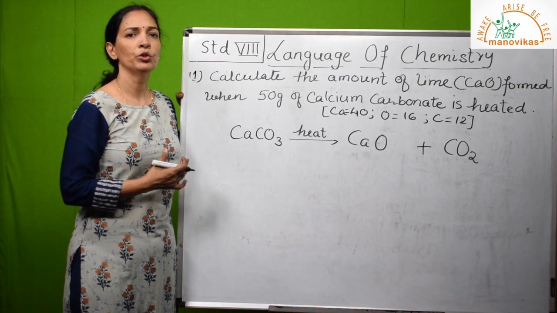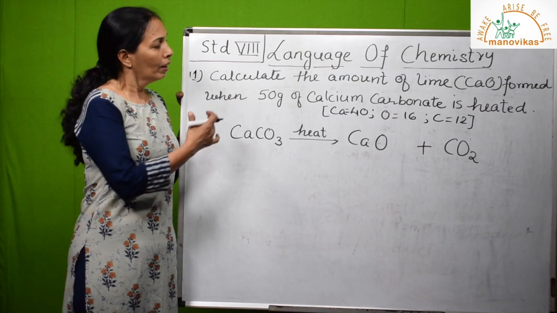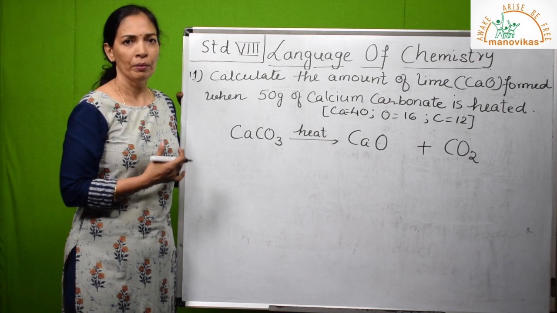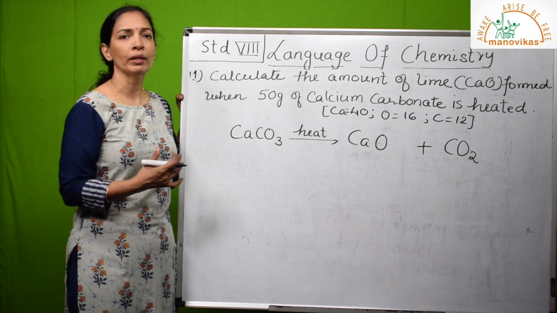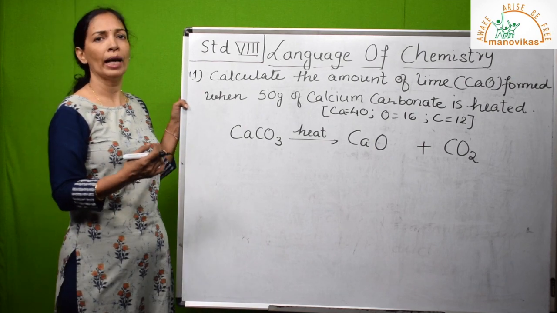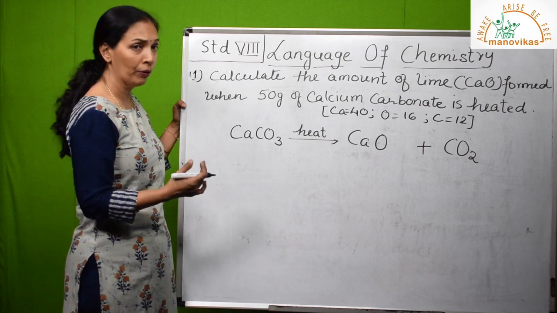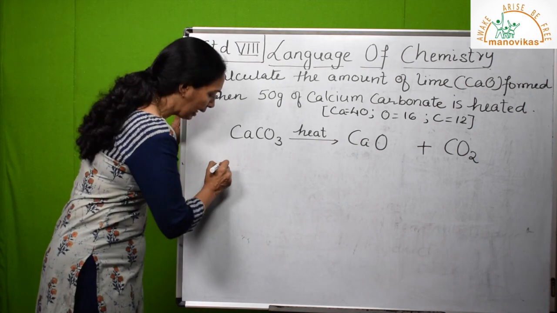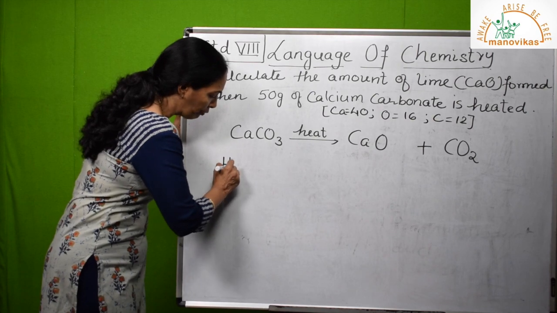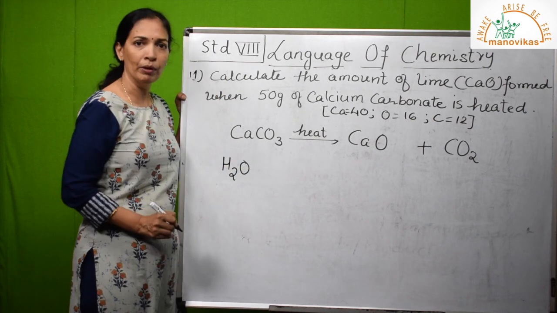Let us solve some numericals on calculating molecular mass of a compound. Before starting any numerical, once again to see how to calculate molecular mass of a compound, if you know the atomic masses. Let us suppose we take the example of water.